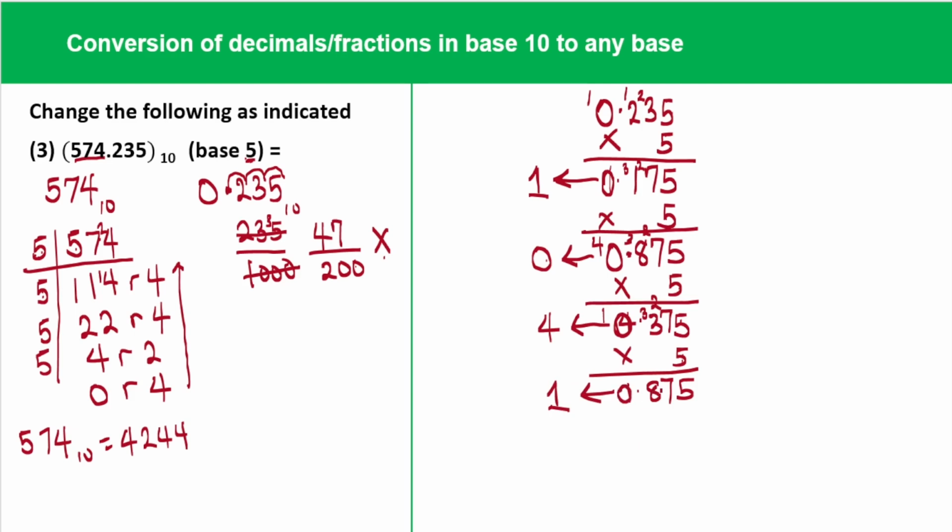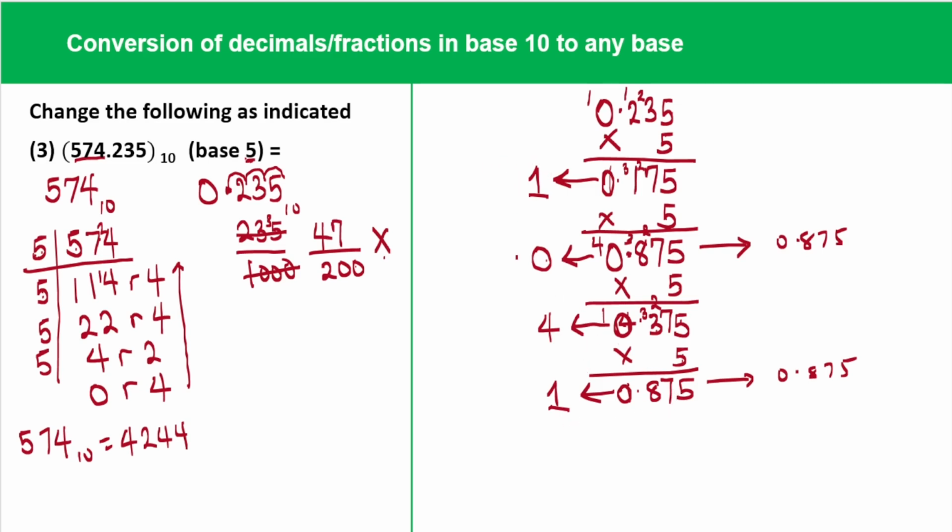So we have 0.875. Now, if you look at the process, you see that there's a repeating pattern here, because at this step we have 0.875, and at this point we also have 0.875. So this is a repeating or recurring decimal, and instead of continuing, I can terminate the process here.